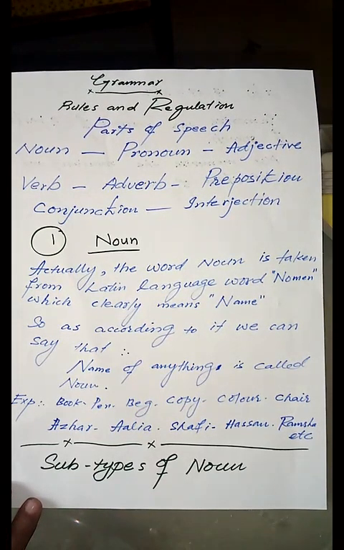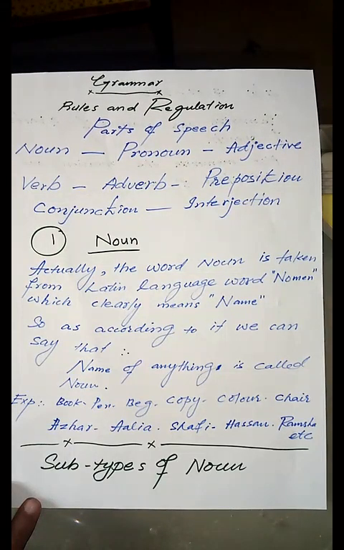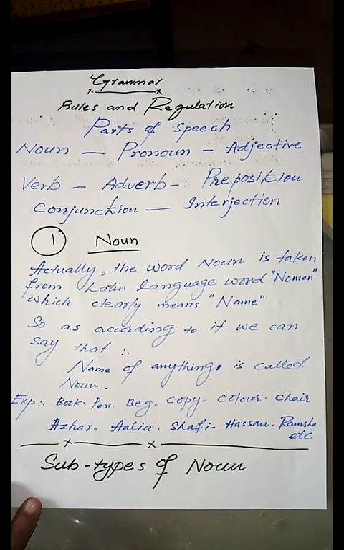Okay, so students, noun is the name of anything, or noun is a naming word, or noun is the name of a person, place, animal, or anything. All these are the definitions of a noun.